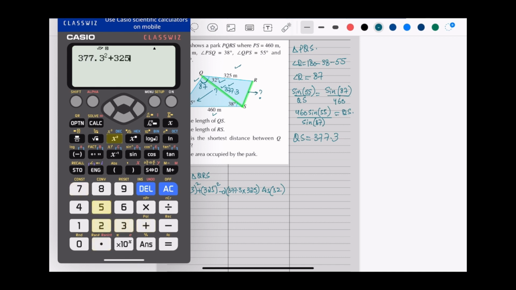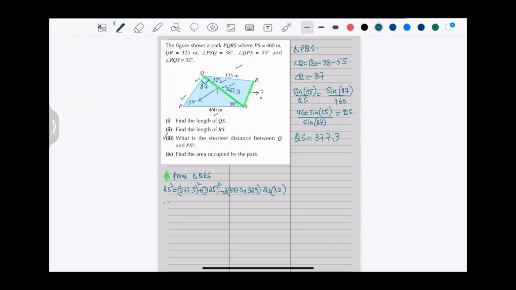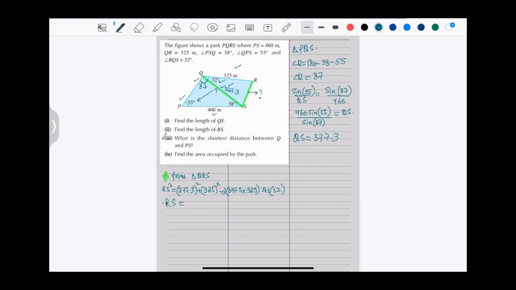So this gives you a big value and all you have to do is root it. So if you root this, it will give you 200. So RS is equals to 200 meters.